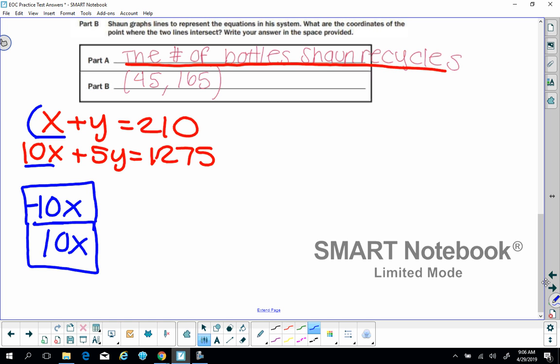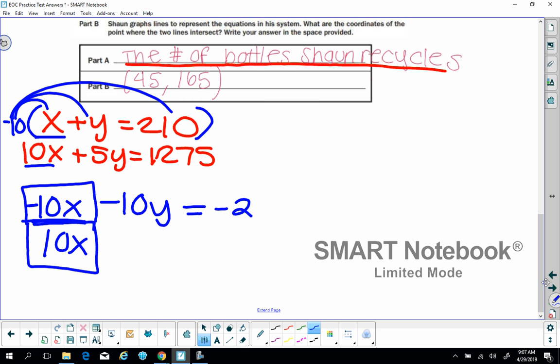So I'm going to multiply this top equation by -10, so that -10 times x can get me that term that I need. But I need to make sure I remember to multiply to each term in here. So -10 times y is -10y. -10 times 210 is -2,100. I don't need to do anything to this bottom equation, so I'm just going to rewrite it.